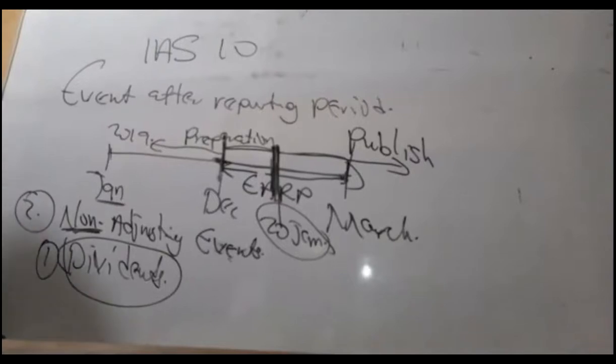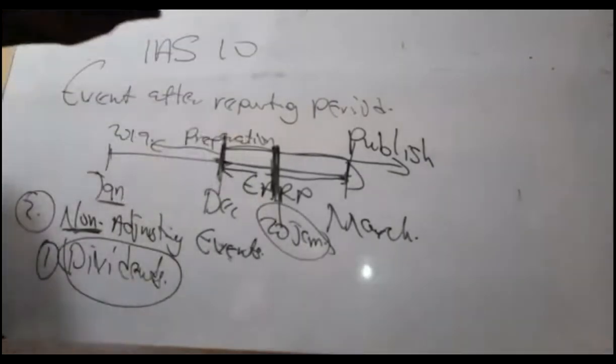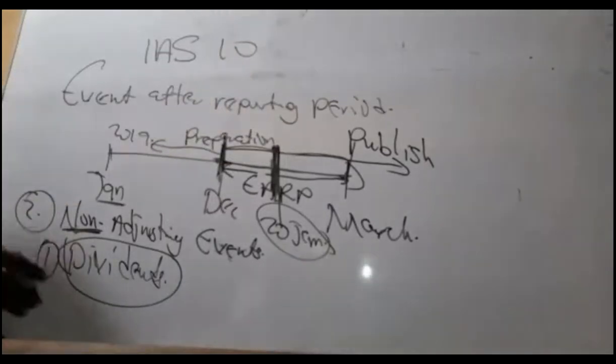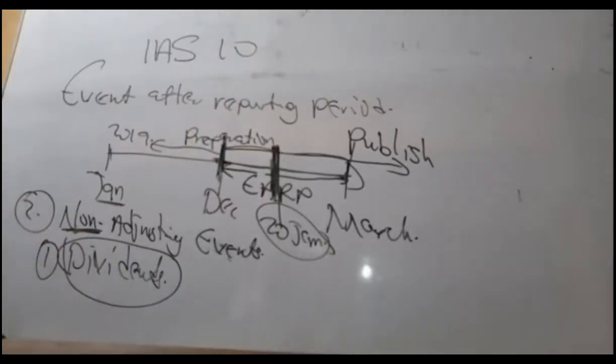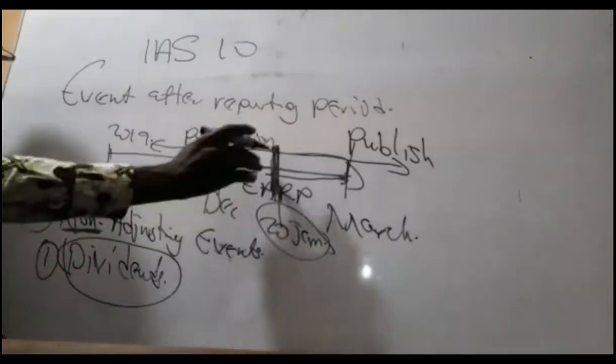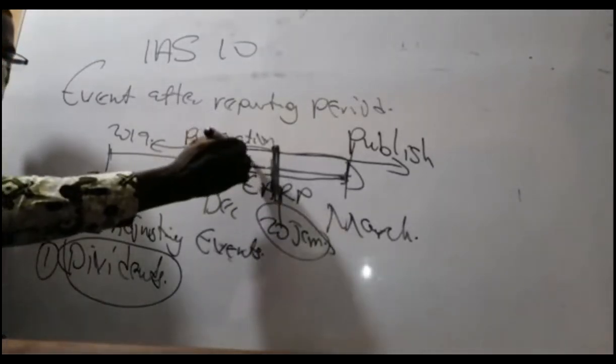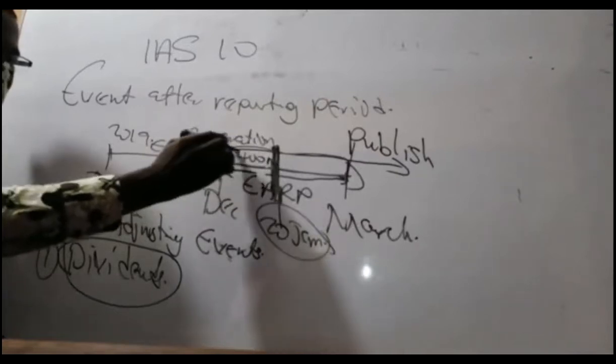Assume that you've lost a lot of cash as a result of COVID-19. If you prepared the financial statement on 1st December, and COVID started in January, January 7th, and you've lost all the sales for January, February, March, say about 400 million US dollars.